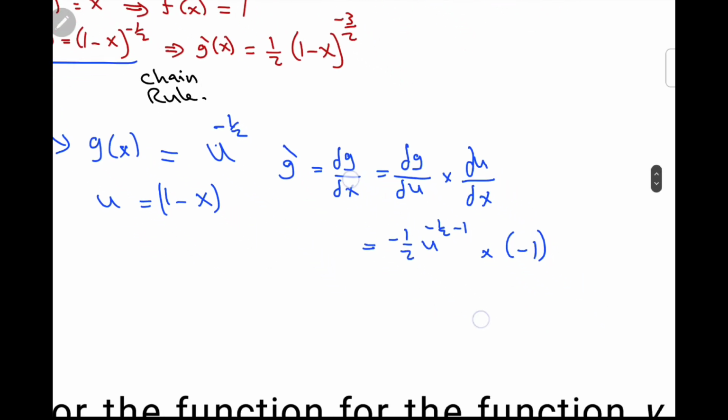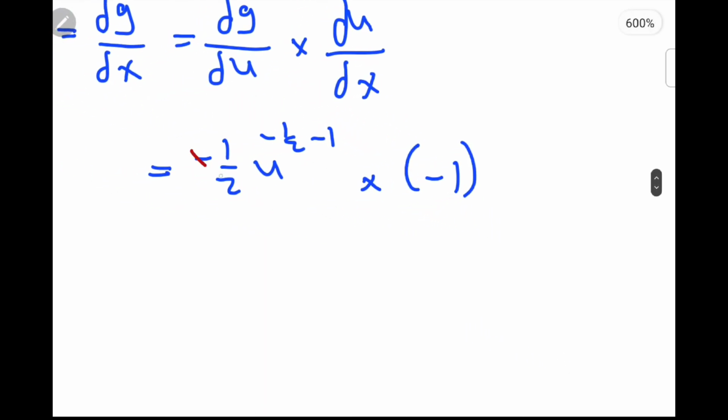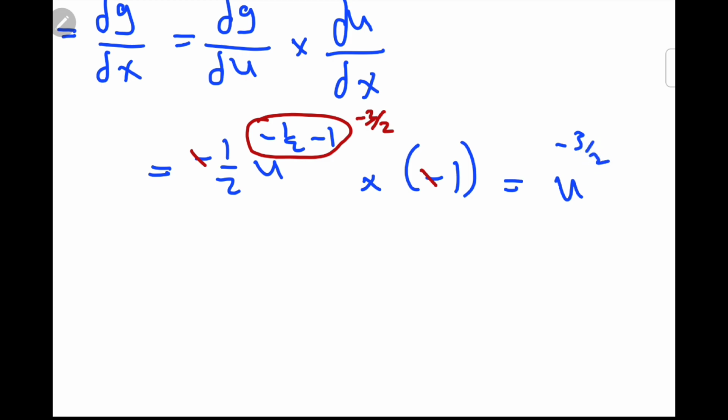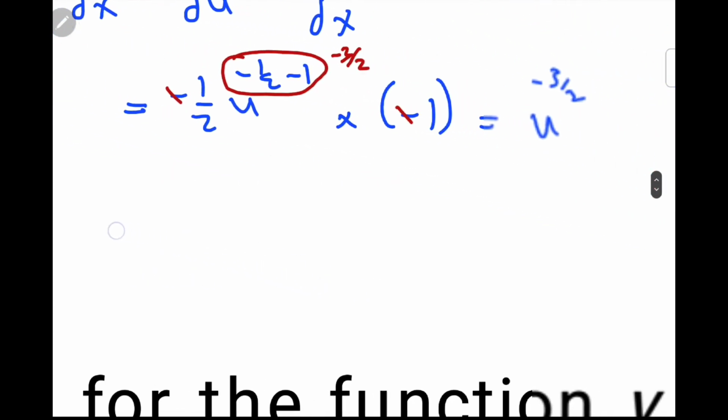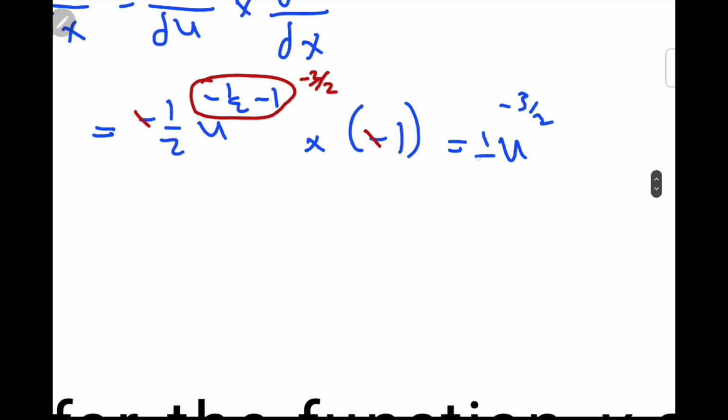So the minus becomes positive, and this is equal to 1/2 times u to the power of −3/2, and substituting u, which is 1 − x, this is equal to 1/2 (1 − x) to the power of −3/2.